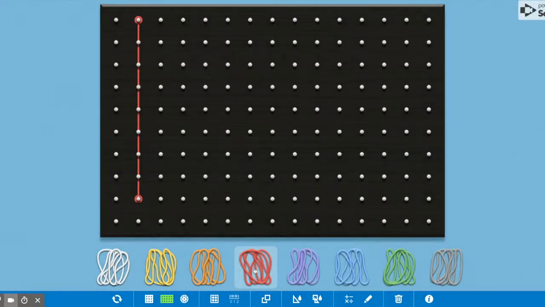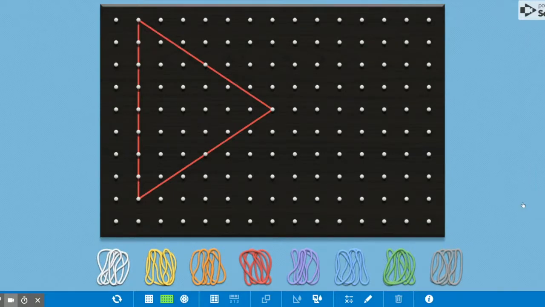So when you need another rubber band, you're going to pull it to its vertex here, and we're going to make this. All right, Miss Gunner, I am ready for your questions.